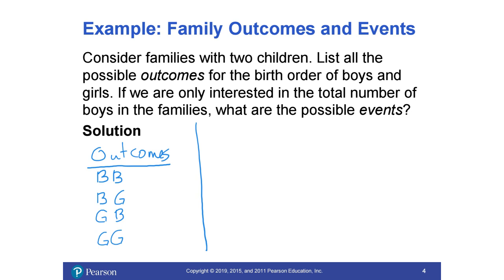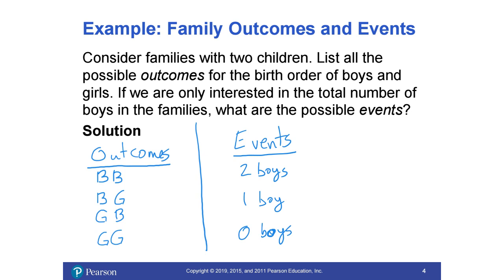Now, the second part of the problem says, if we're only interested in the total number of boys in the family, what are the possible events? So if all we care about is the number of boys, they could have two boys, they could have one boy, or they could have 0 boys, and those are the possible events.